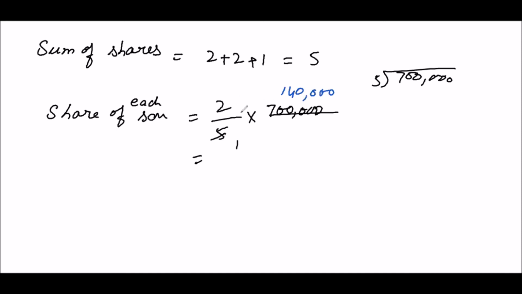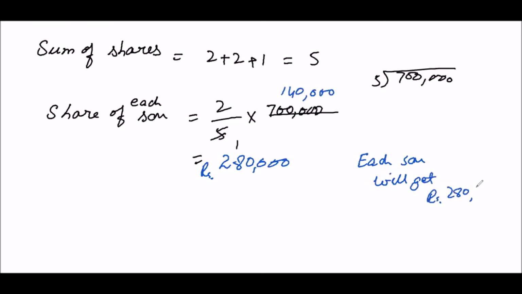Now multiply 140,000 with 2, we get 280,000 rupees. Now each son will get rupees 280,000. Now share of daughter, or daughter's share.